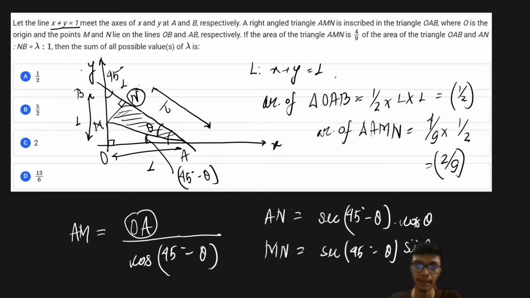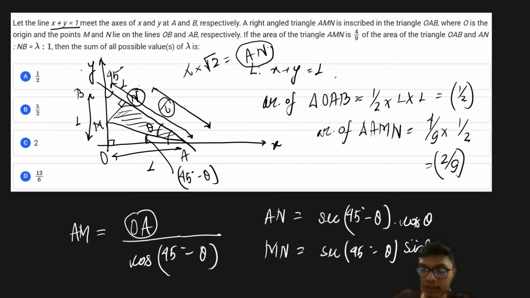So what I can do over here is, I know this entire distance is root 2, so lambda times root 2 distance is basically given as AN, and I've already found out what this is. From here I can definitely find the value of lambda as well.